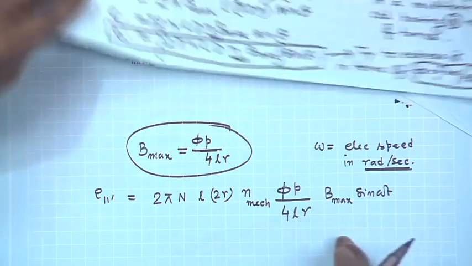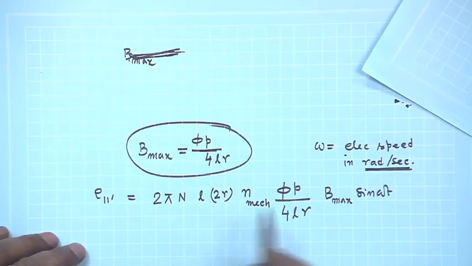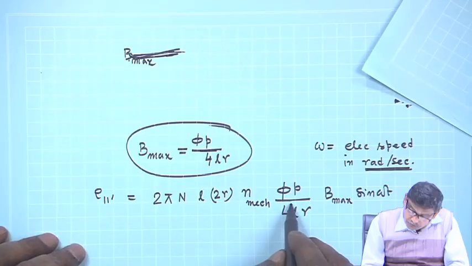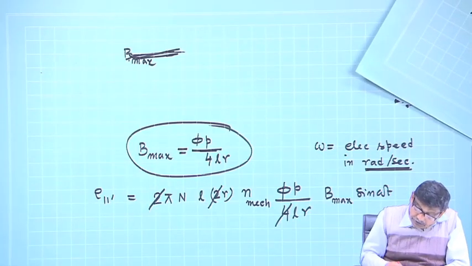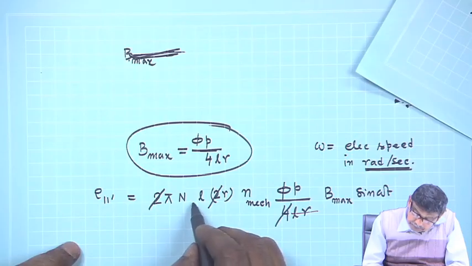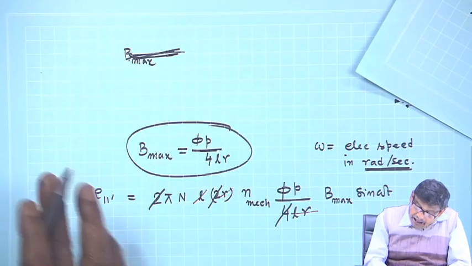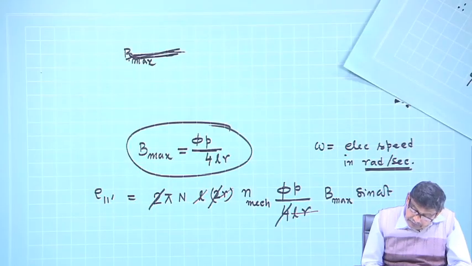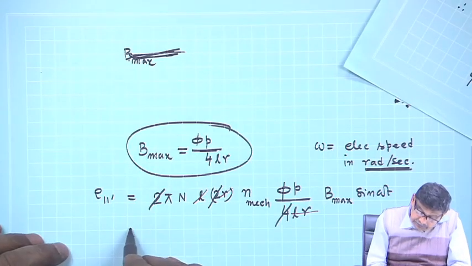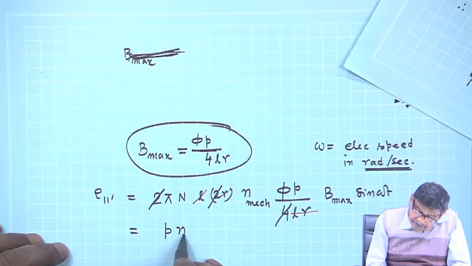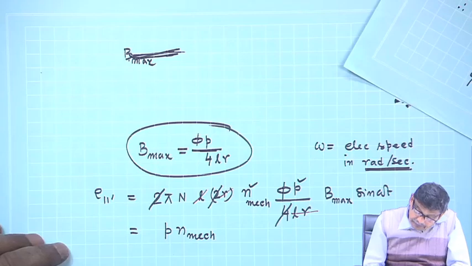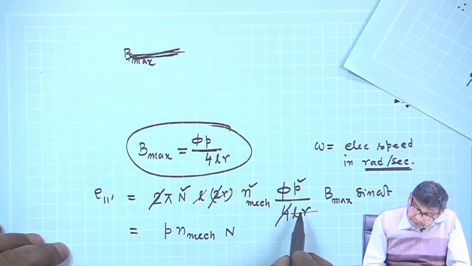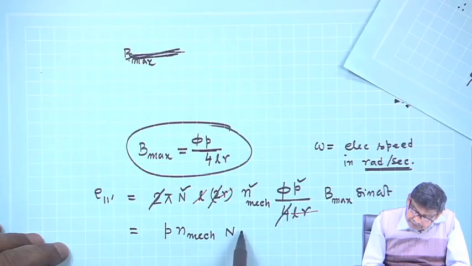Okay, so this is the thing, and if you look at it carefully, this 2 to 4 goes, then also L R goes, and you will be left with P n mechanical, that is this term, into capital N, this term, phi.